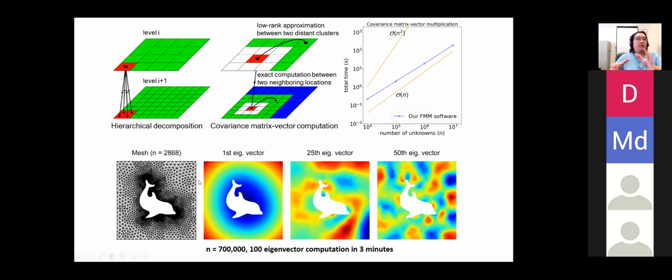I use some kind of prior knowledge, a covariance matrix in this case, on this structure, and build a 700,000 by 700,000 dense covariance matrix. I do the eigen decomposition, compression, and then find the 100 salient images.